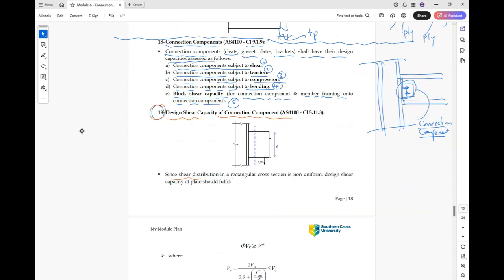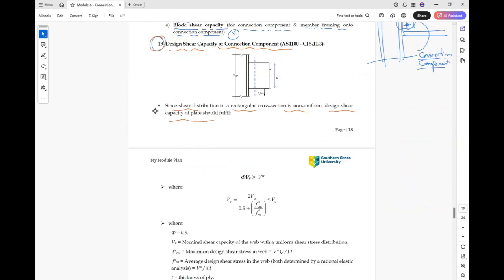Since shear distribution in a rectangular cross section is non-uniform, design shear capacity of the plate should fulfill the following: φVf should be more than V*, or V* should be less than φVv, where V* is the applied shear and φVf is the shear strength of the component.